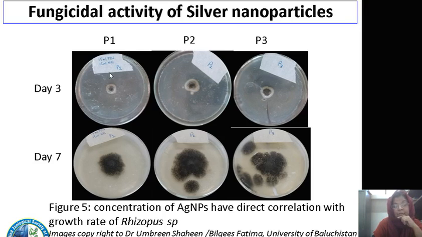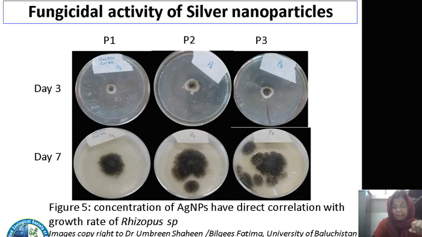P1 has the most concentrated particles, then less, and then further less. At day 3 there is not much difference, but at day 7 we have less growth in the highly concentrated petri dishes of silver nanoparticles compared to the less concentrated ones.